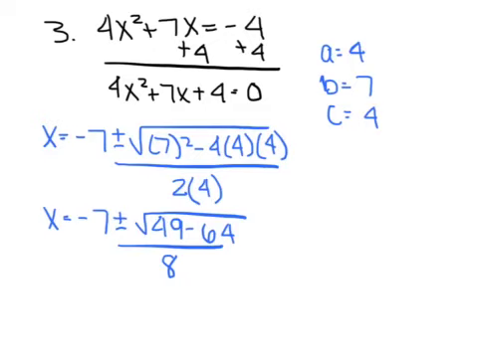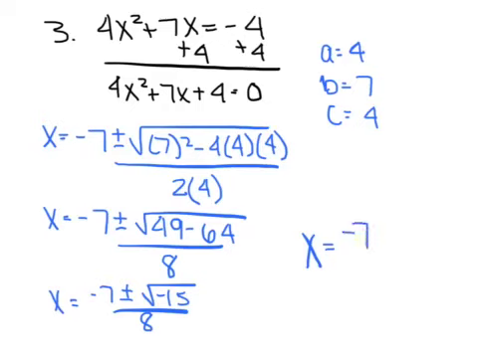So we've got x equals negative 7 plus or minus the square root of negative 15 over 8. So what would that be in its simplest form? What should my final answer be, Megan? Negative 7 plus or minus i root 15 over 8.